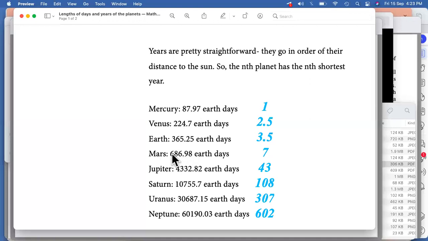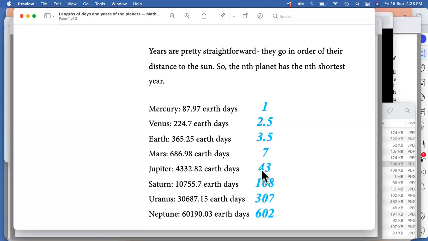So in terms of days, this could be coming, and in terms of ratio, would be coming to 7. Jupiter, yes, because this is huge, so this is 4300. So this is 43. This is 10,800, this comes to 306, 307, and this comes to 602. Right. So if we look again at the ratios, yes, probably this is something around within a calculation.